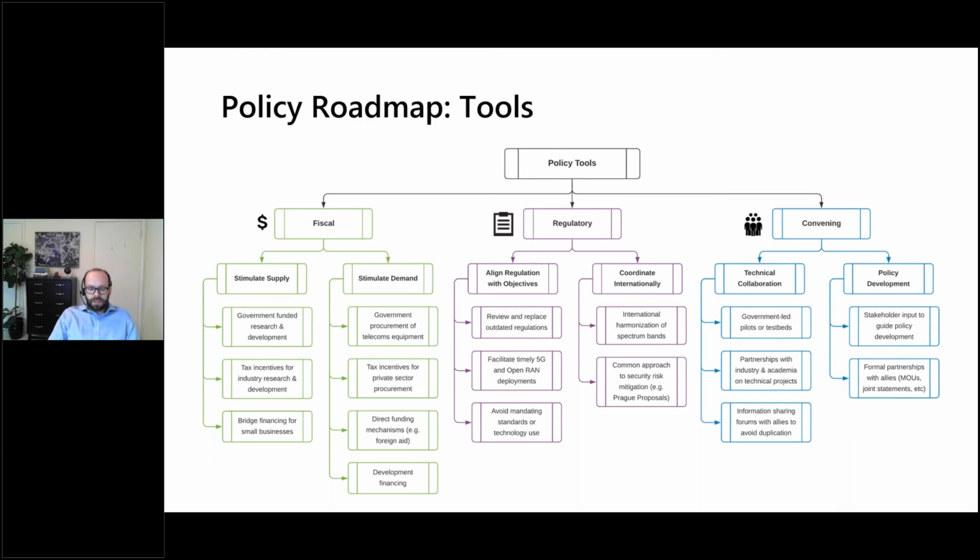On the policy development side of things, it's about both engaging across different groups of stakeholders and engaging across borders to ensure that we are aligned and governments are aware of challenges being faced by industry and helping to address those. Next slide, please.